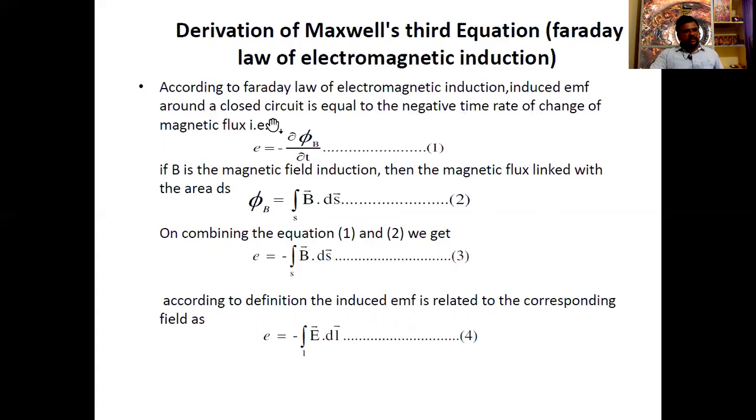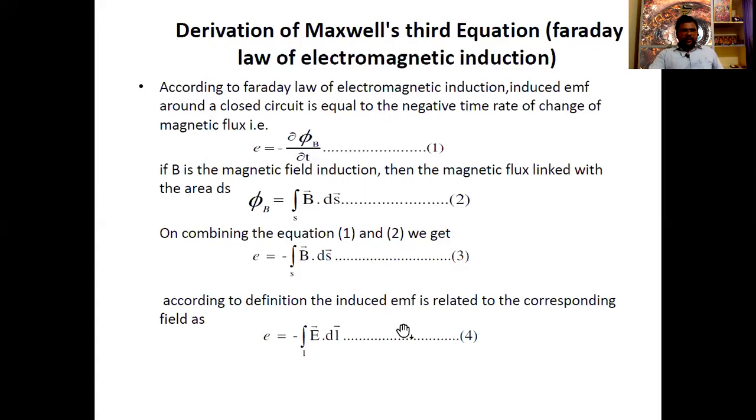As I explained earlier when discussing Faraday's law, there is a physical significance of this minus symbol. So if B is the magnetic field induction, then the magnetic flux linked with the area ds is φB equal to the surface integral of B bar dot ds bar. Now substituting this equation here, we get E is equal to minus the derivative of the surface integral of B bar dot ds bar.